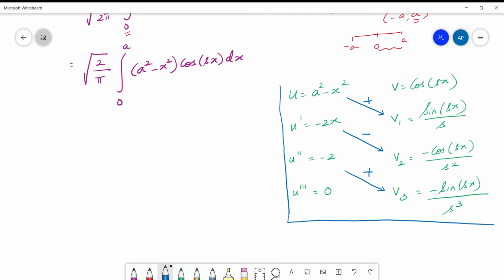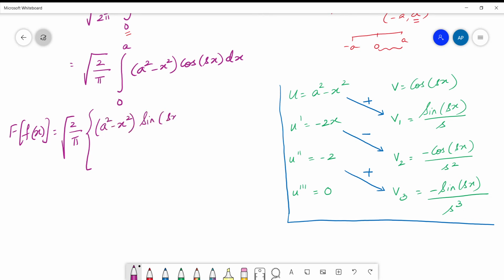Now we have to consolidate the terms. So Fourier transform of f of x therefore is root of 2 by pi. Let me open a flower bracket and then write down the terms. Look at the first term. It is u v1, that is a square minus x square sine of sx divided by s. The second term, you see you have a minus sign, u dash into v2. Here is a minus sign.